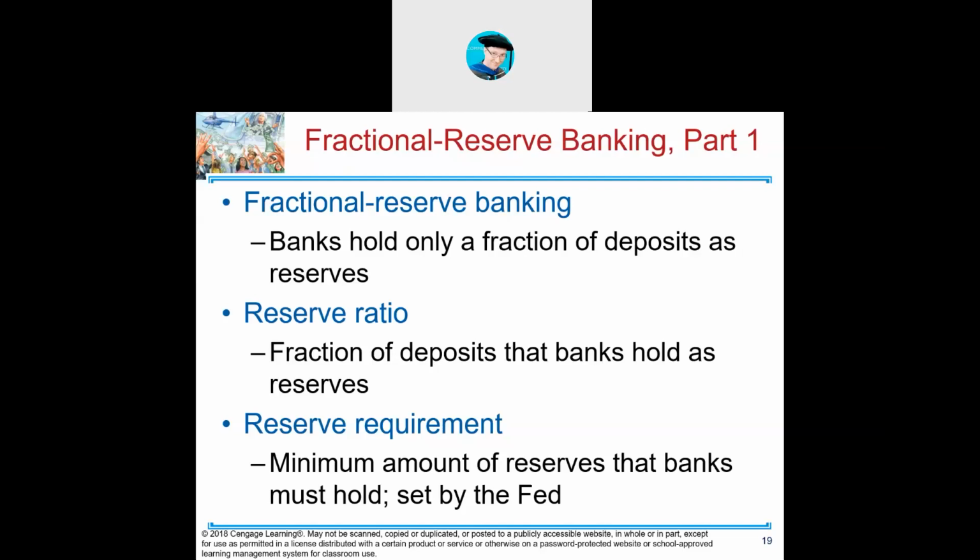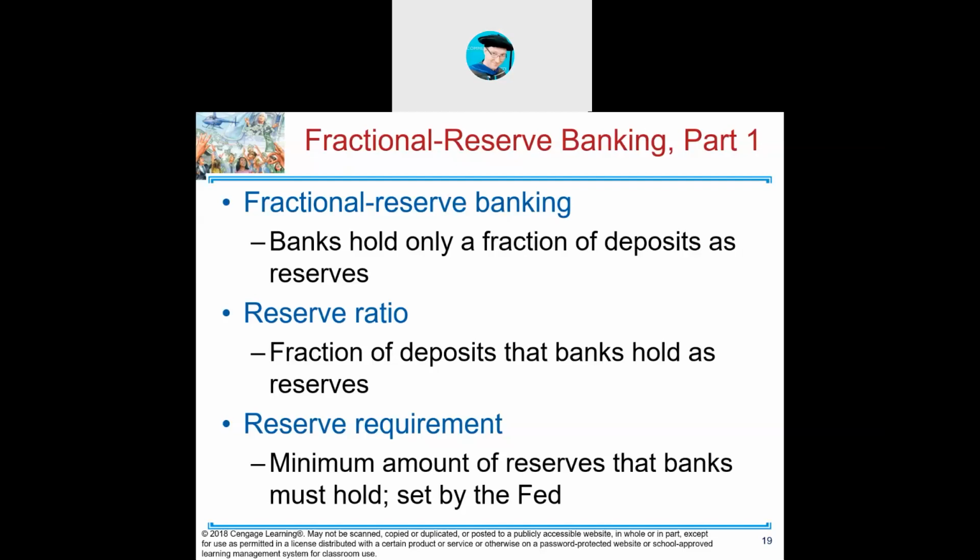That's what we call fractional reserve banking. It simply means that a fraction of all the deposits they receive, they'll have on reserve. It's one method to find out the amount that the bank should have available for withdrawals.